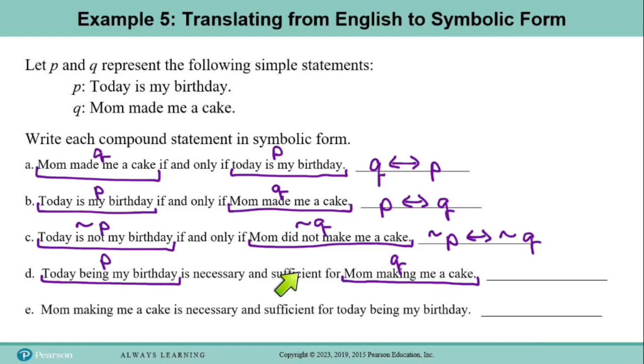So necessary and sufficient gets us that biconditional part. So P, if and only if, Q. And then part E, Mom making me a cake is necessary and sufficient for today being my birthday. So Mom making me a cake is statement Q. Today being my birthday is statement P. So in symbols, this sentence would be Q, if and only if P.